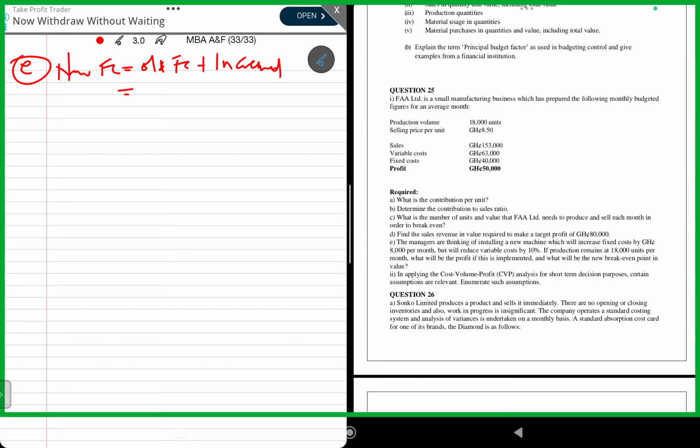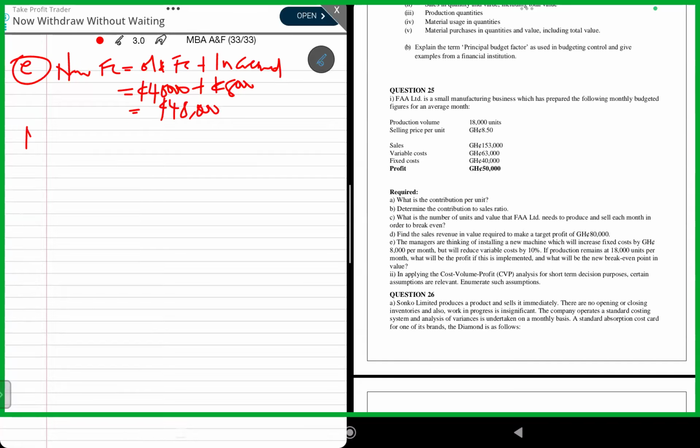What is the old fixed cost? 40,000. What is the increment? 8,000. Which will give us what? 48,000 per month.